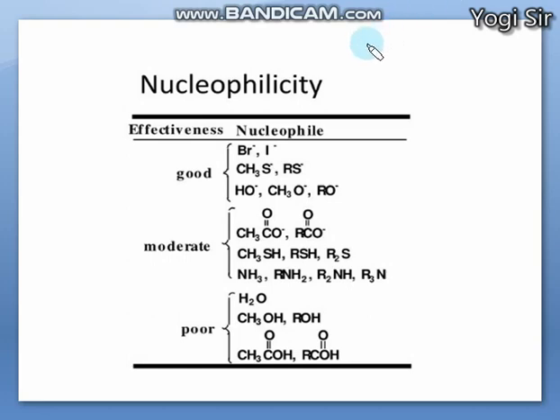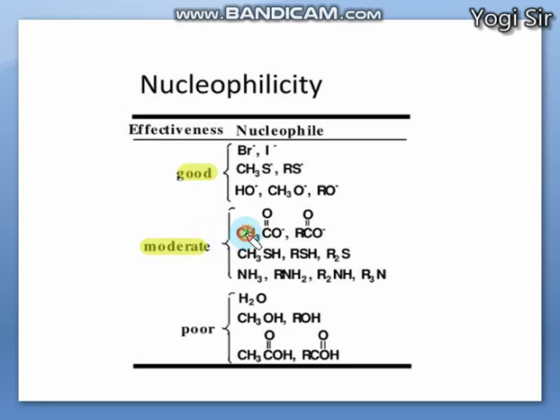Some examples of nucleophiles are mentioned here, and how effective they are in this reaction. Either they are good in SN reaction, or moderate, or poor. You can see here bromide, iodide, sulfide, alkyl sulfide, hydroxide, methoxide or alkoxide. They are very good in this SN reaction, while some others are moderate.